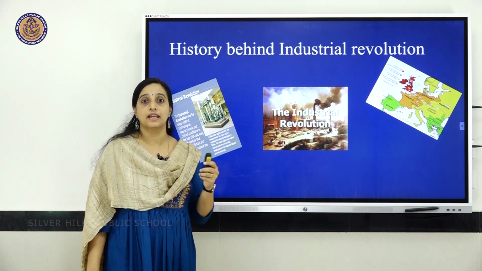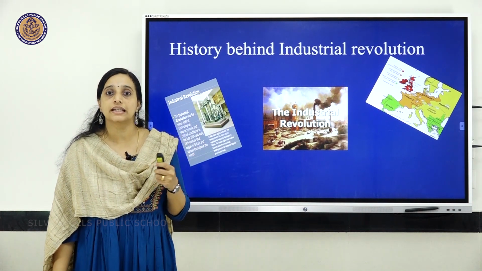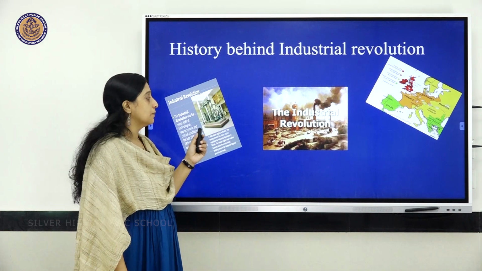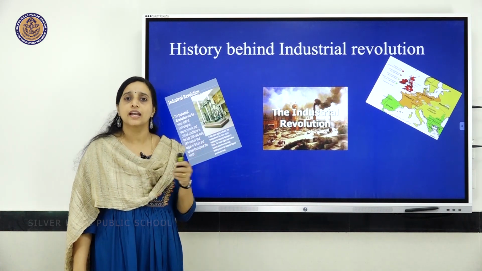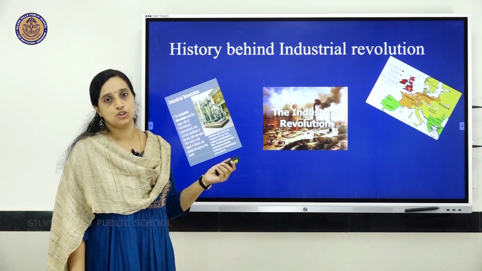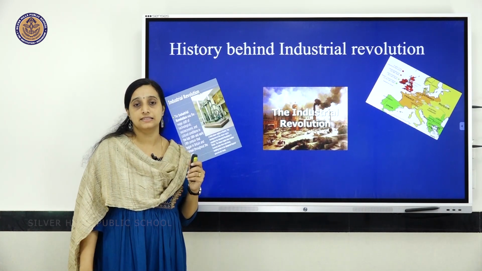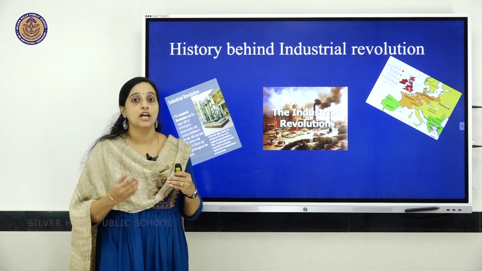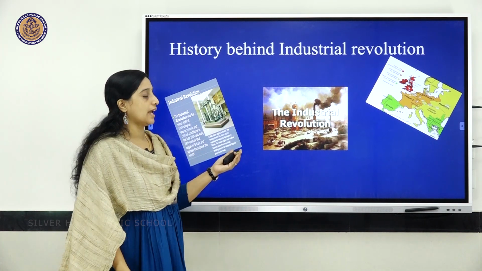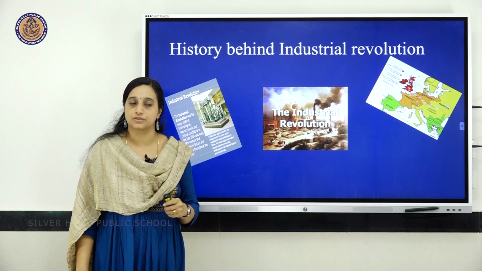It also helped in the reduction of poverty and unemployment. In the later 18th century, a series of inventions took place. It also built up a relationship between human beings, machines and natural resources.